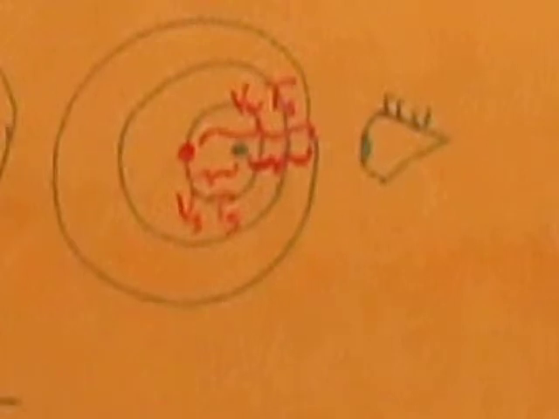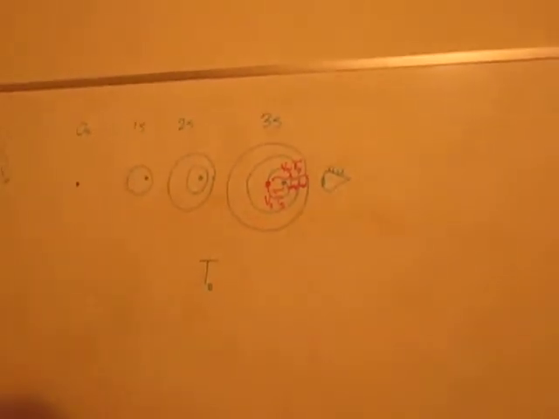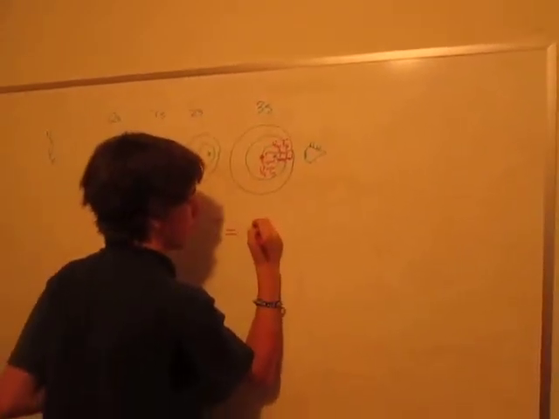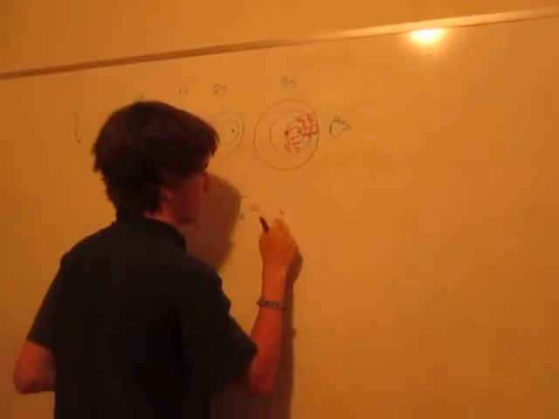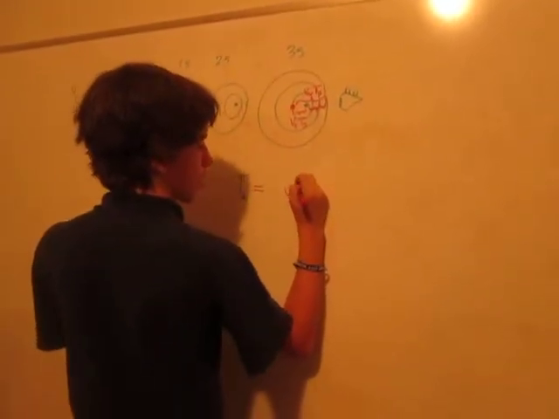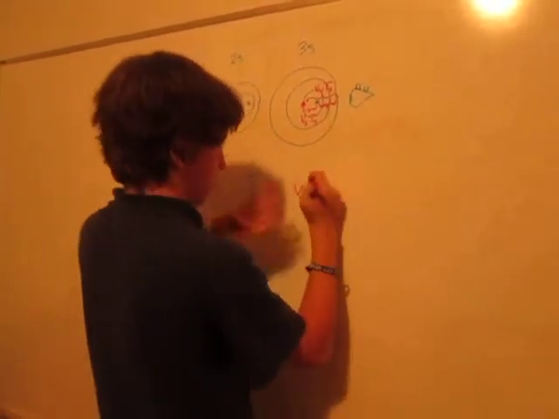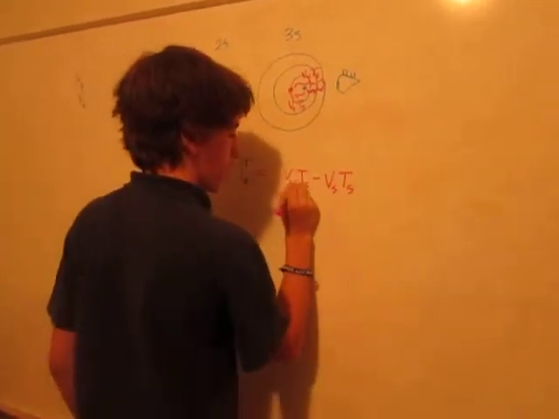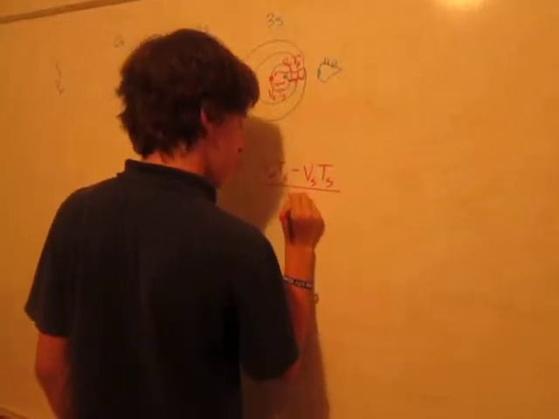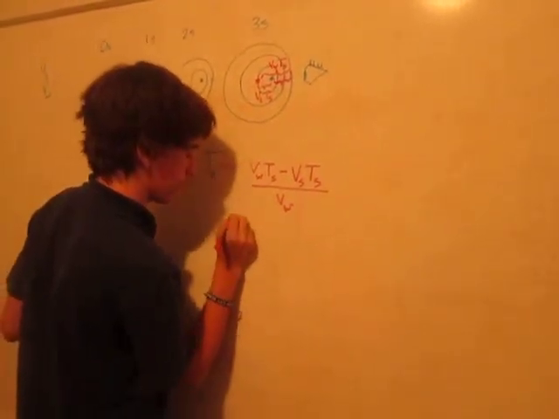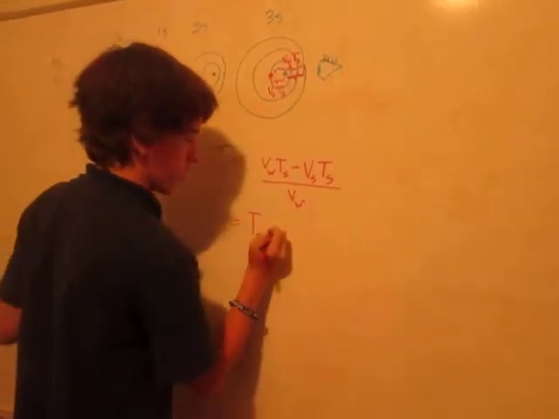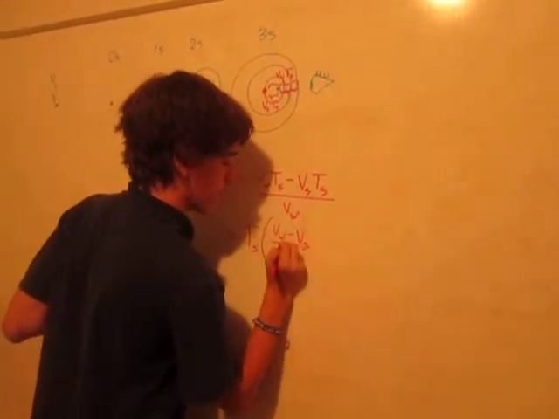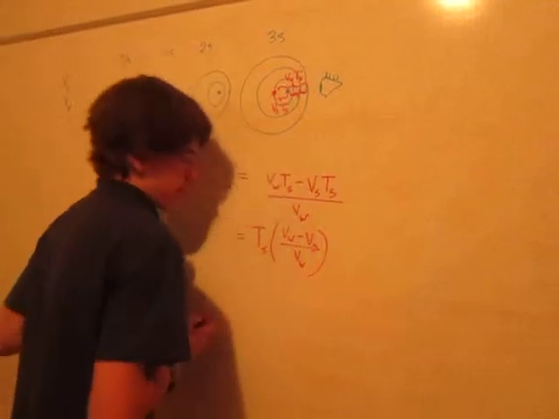Now if we write this all out, and remember we're dividing this by the velocity of the wave, it is equal to the velocity of the wave, V wave, times the time that the source has been moving, minus the velocity of the source times the time that the source has been moving, divided by the velocity of the wave, which we can simplify to the time that's been moving times the velocity of the wave minus the velocity of the source over the velocity of the wave, and it's not really necessary to simplify any further.